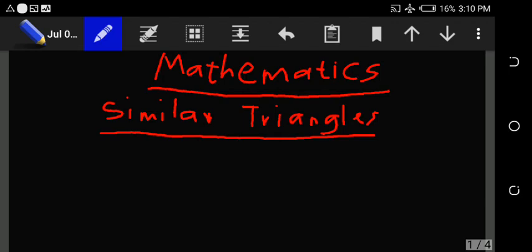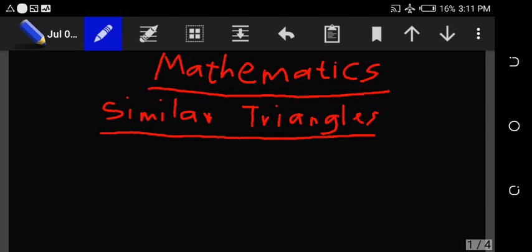In this video, we will be studying similar triangles, or what is known as congruence of triangles. Two triangles can be said to be similar if they satisfy some given conditions, and we're going to look at those conditions. You might have two triangles that, by just looking at them, appear different.